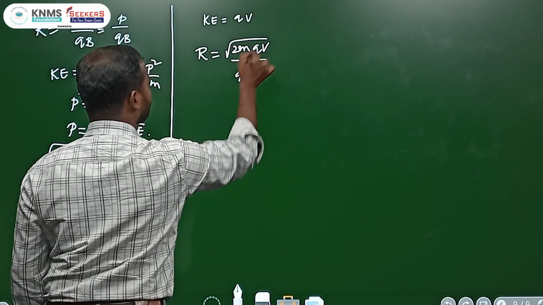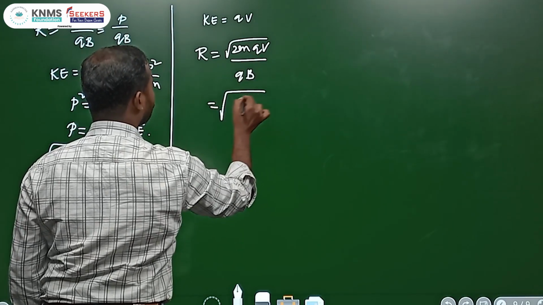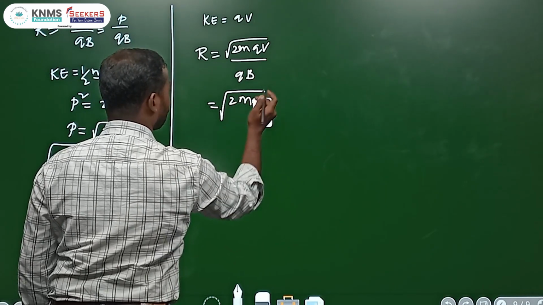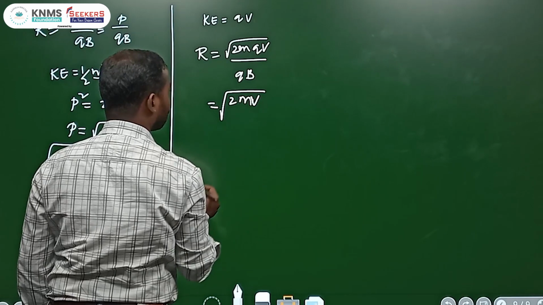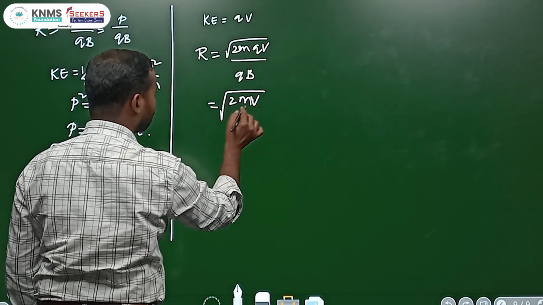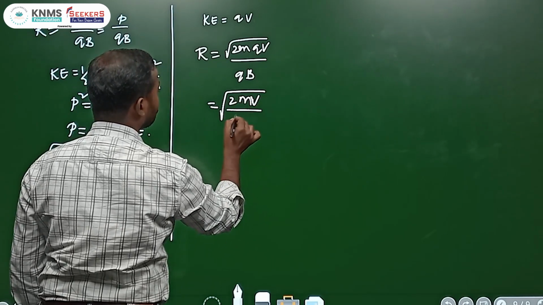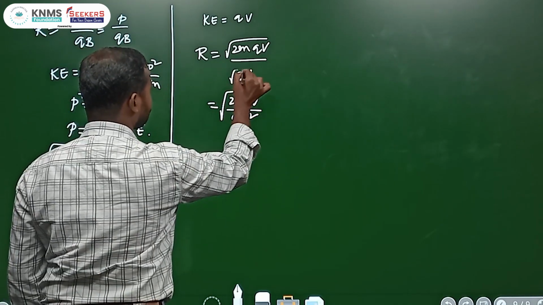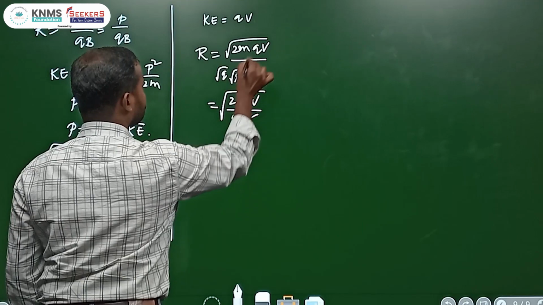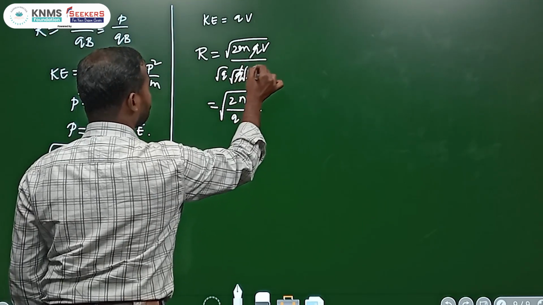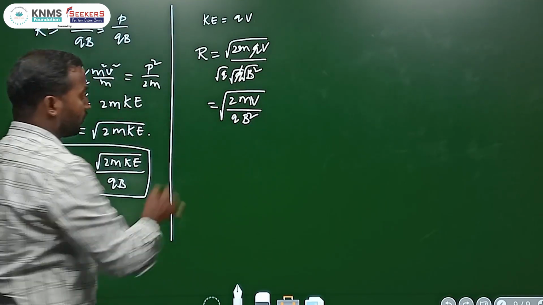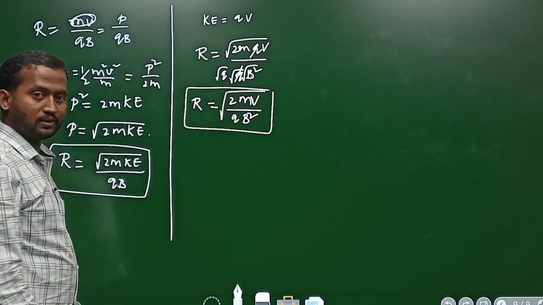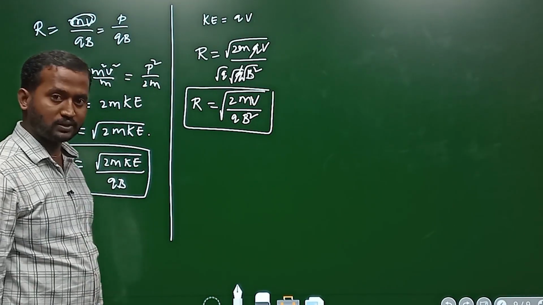This q and that q get cancelled, and I get root of 2m into the accelerating potential V, divided by qB square. This V is not velocity, by the way, it is the accelerating potential. I can write this as root q into root q, one q gets cancelled, and B becomes B square. The remaining details of this chapter we will discuss in the next videos. Thank you very much for watching.